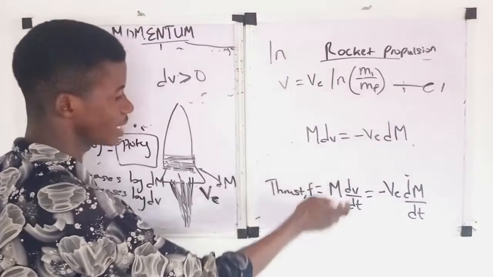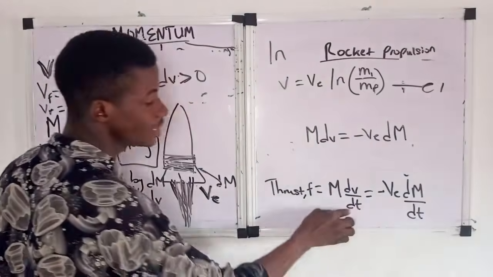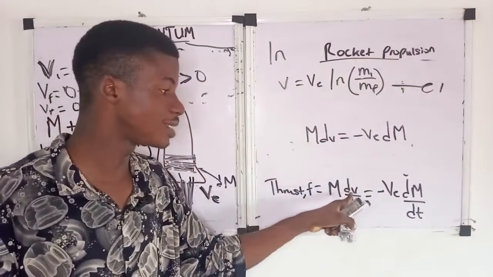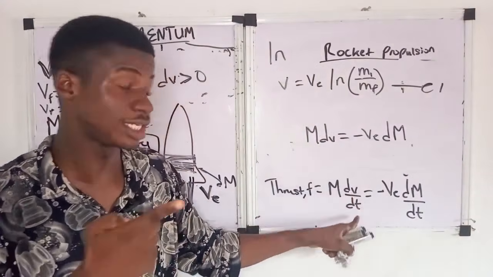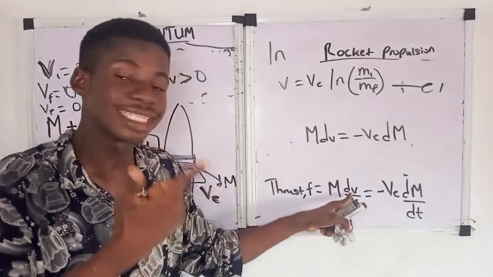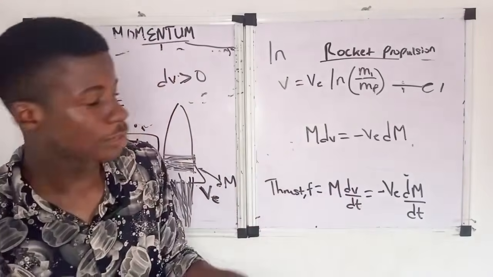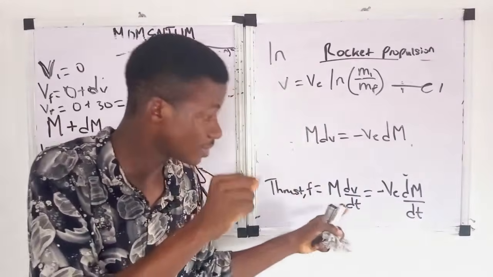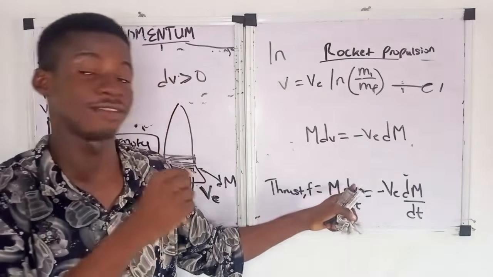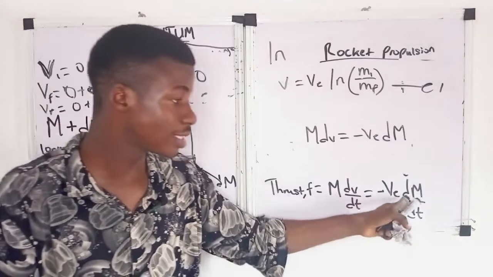Now this formula is different from this, but we add dt to it. So this dt is a small change in time, when there's a small increase in the velocity of the rocket.